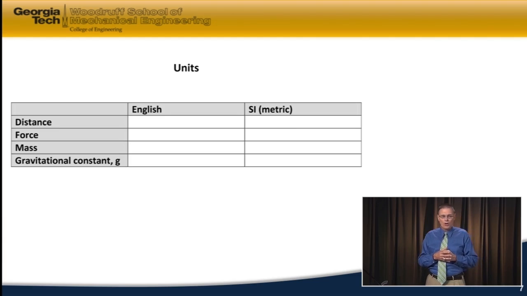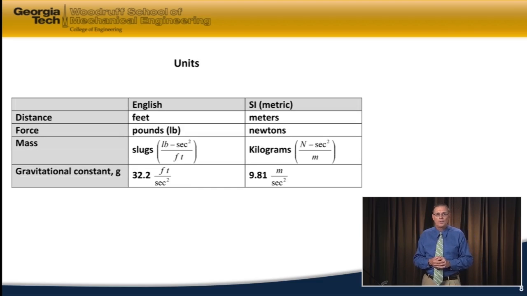So I'd like you to pause again and take your time and go through and write down what are the typical units of measurements that are used in these systems for measuring distance, measuring force, measuring mass. And then I'd also like you to write down the gravitational constant for each of these systems of units.